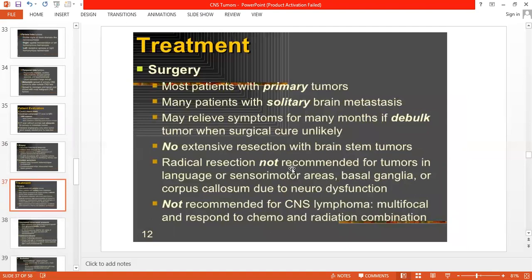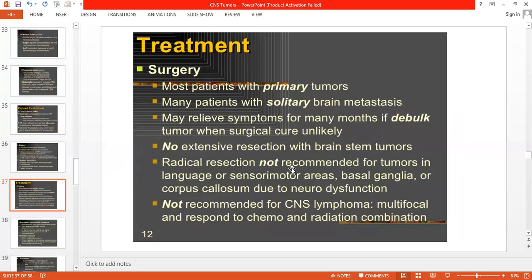Treatment. Surgery. Most patients with primary tumors will need surgery. Many patients with solid brain metastasis, again surgery, may relieve symptoms for many months, even if surgical cure is unlikely. Surgical cure means total removal is not possible.